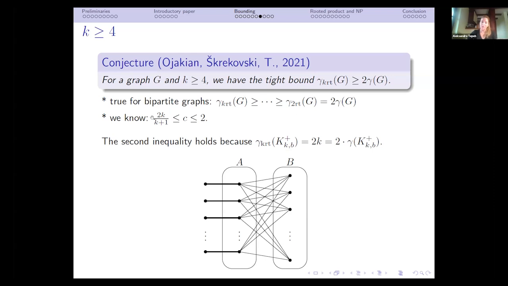But from our theorem, we know that this function of k, which should stand here, if we are talking about the tight bound, should be between this and this. This is what we know so far.